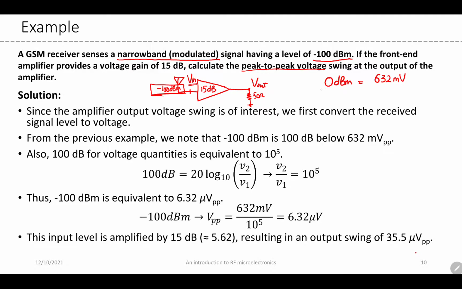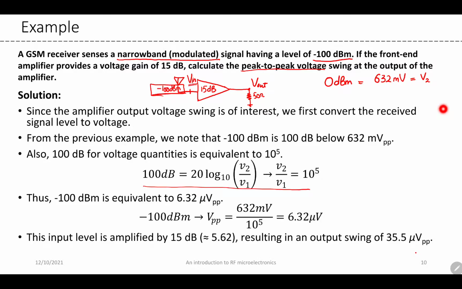Now we remember that -100 dBm, let's look at the ratio. Let's call this V2, so that it falls in line with this. So -100 dBm is 100 dBs less than 0 dBm.